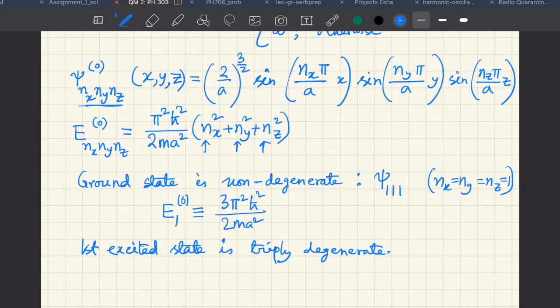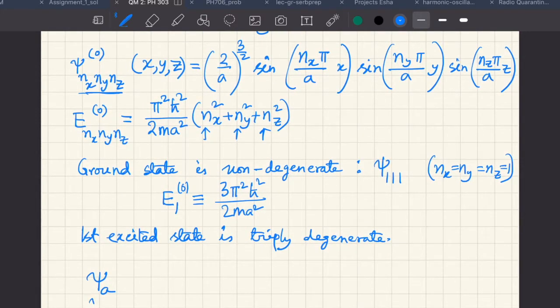Let us denote them by psi a, psi b and psi c. So what is psi a? Psi a means this is psi 1 1 2, because nx can be 1, ny can be 1 but nz can be 2.